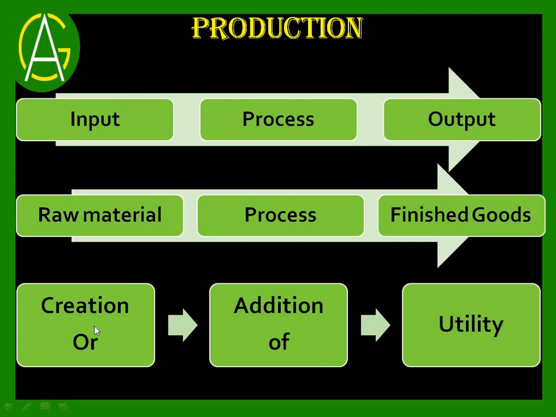The creation of utility is also termed as production. Or the product which has some amount of utility and we add utility into it, then also the addition of utility is termed as production. So we can either create utility or add utility to something, that is known as production.